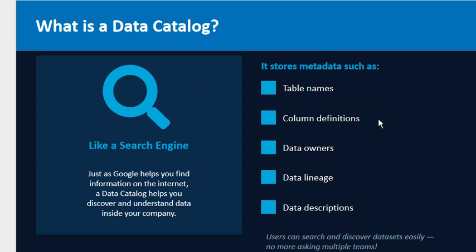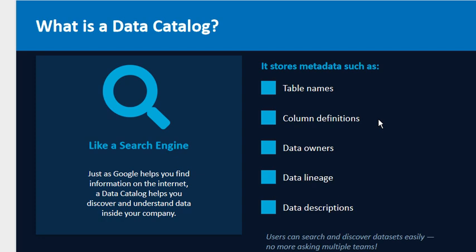Coming to the data catalog in detail: like a search engine, you take any search engine, Google or Bing, it helps to find information on the internet, right? A data catalog helps you discover and understand data inside your company.